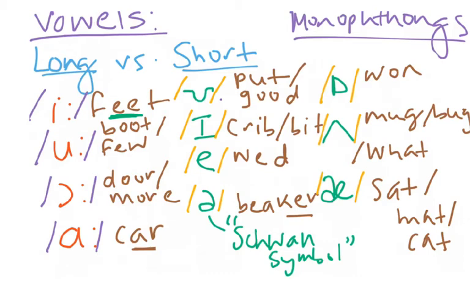Now, let's look at the second one. The sound for this phoneme is oo.